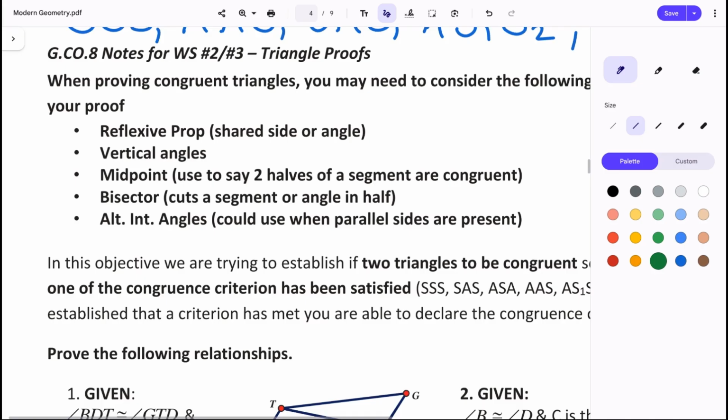Or it could apply to an angle. So if there's an angle that overlaps, like you have 2 triangles kind of mesh on top of each other and one angle is shared, that could be using the reflexive property. So it could be saying something like angle A is congruent to angle A, or side AB is congruent to side AB. That's what the reflexive property is going to look like. You're just able to state that they're equal to itself, essentially, because it shares.